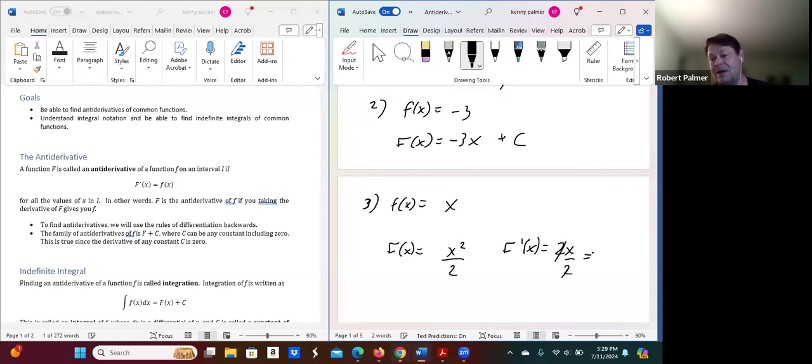Also, don't forget we have the plus c. Oops, I had c in the wrong place. So plus c here, because then we take the derivative of that, we just get x.